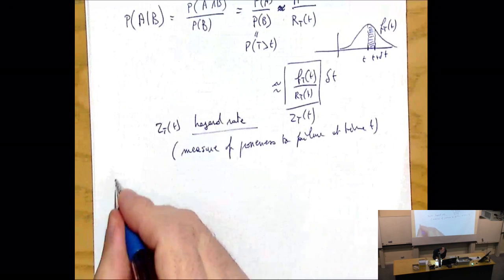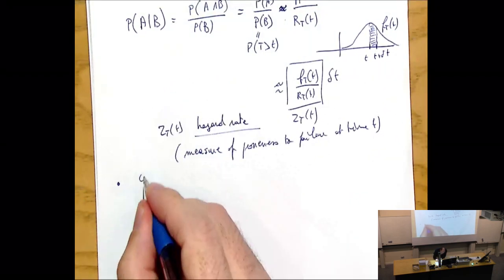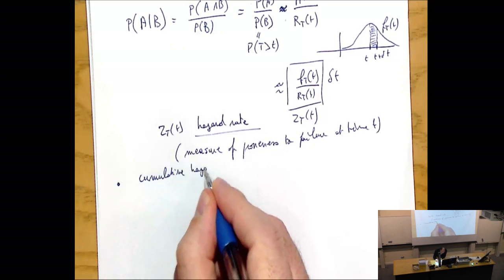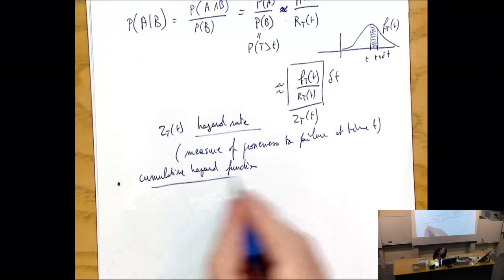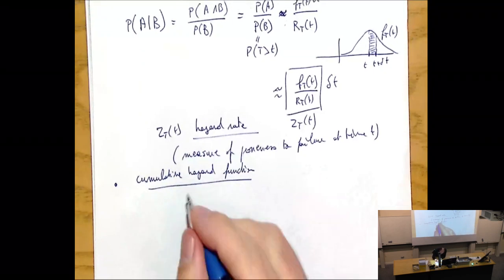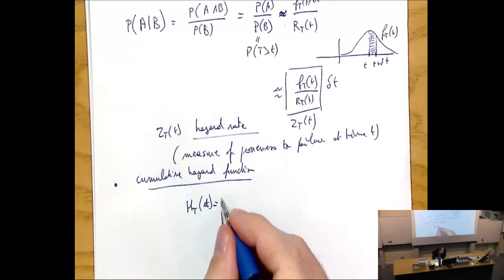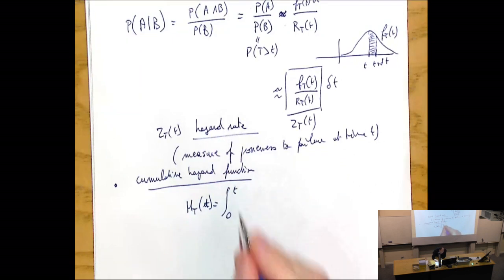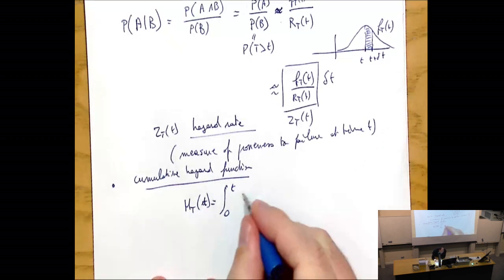And so the last thing that we can define is essentially the integral of this quantity, which is called the cumulative hazard function. This is the integral of the hazard rate between 0 and t, since t is non-negative.